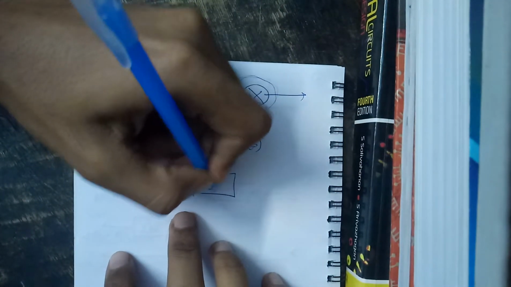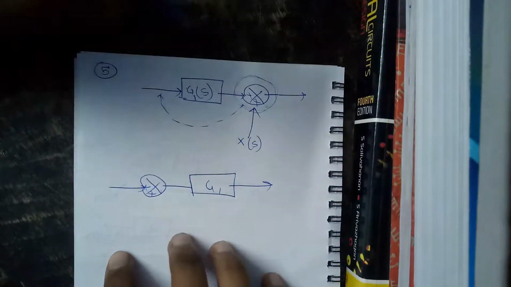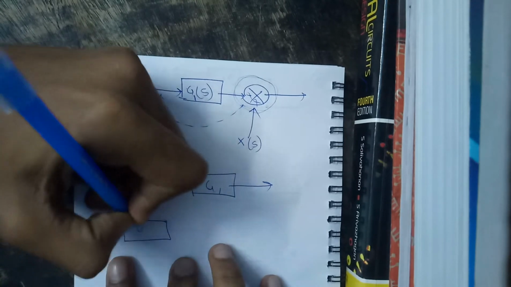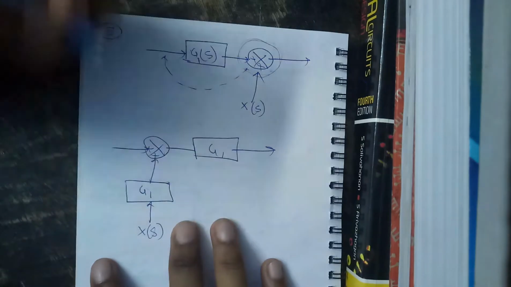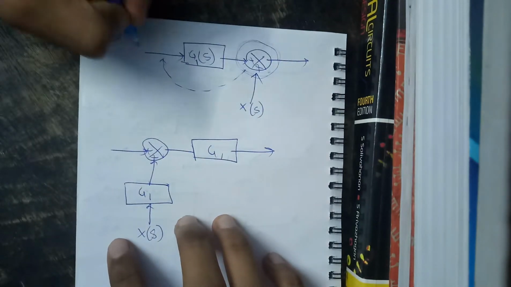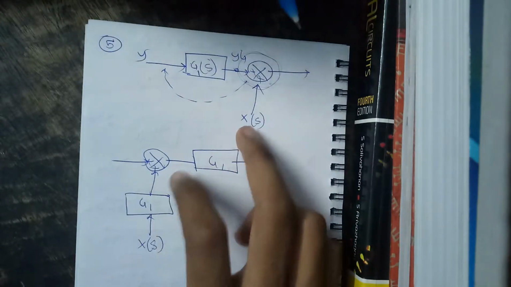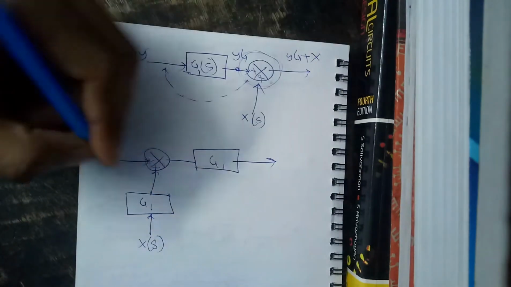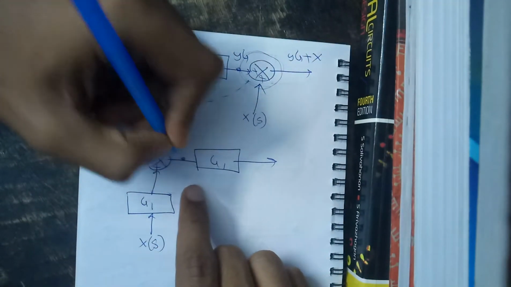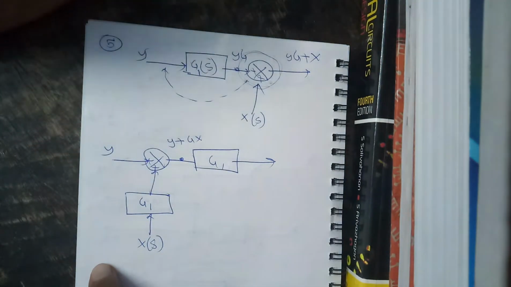This would be g1, and here also it would be multiplied by g1, and here is x, right? Let us see, if this is my y, here we'll get y into g plus x, so this would be yg plus x, right? Here if we give a y, at this point we get y plus gx.